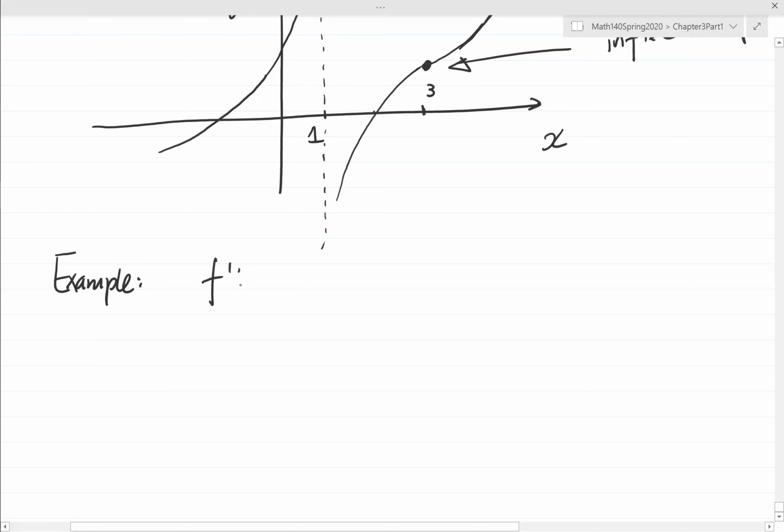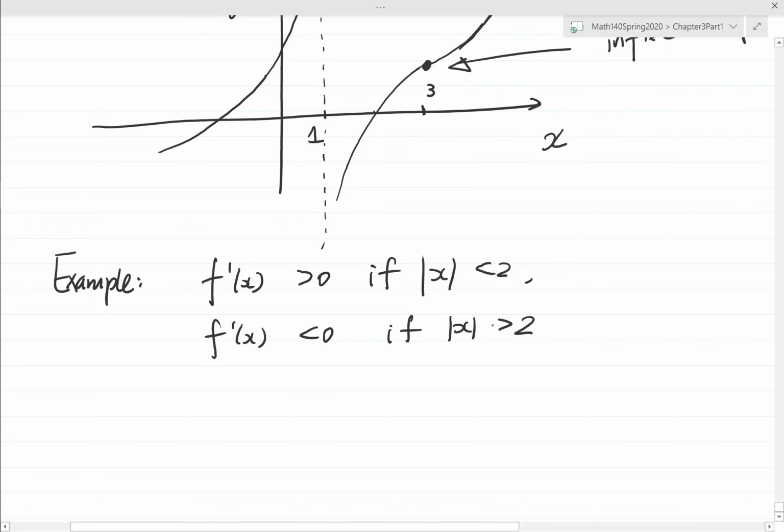f'(x) is positive if the value of x is bounded by 2. f'(x) is less than 0 if x is greater than 2. f'(-2) is 0.